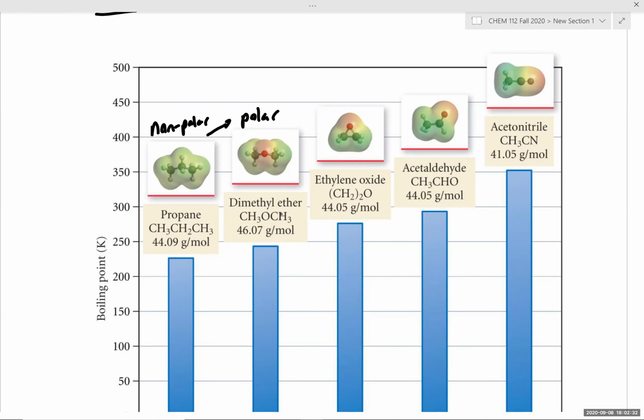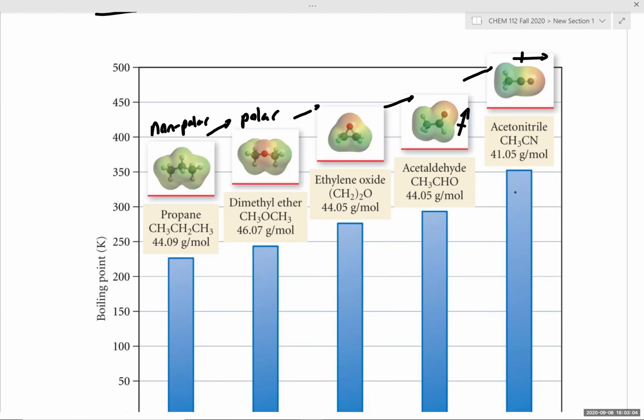So as all of these molar masses are pretty close to each other, we can really see that as we increase our overall molecular polarity, as we start to incorporate more polar functional groups, in turn, we have a larger molecular dipole and stronger dipole-dipole interactions, which in turn leads to a larger boiling point.